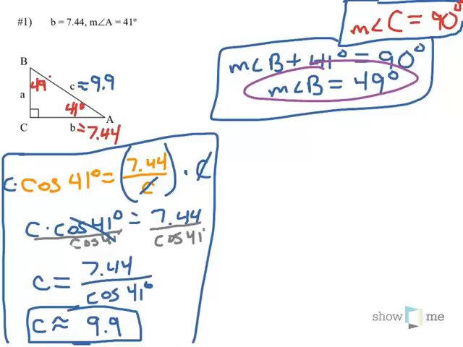So several options to finish this off. I'm just going to mention a couple of them. We could say tangent of 41 equals the opposite, which is A, over the adjacent leg, which is 7.44. That's one option. Another option, we could say tangent of 49 degrees is the opposite leg, 7.44, over the adjacent leg of A. Either way, we're going to get the same answer.